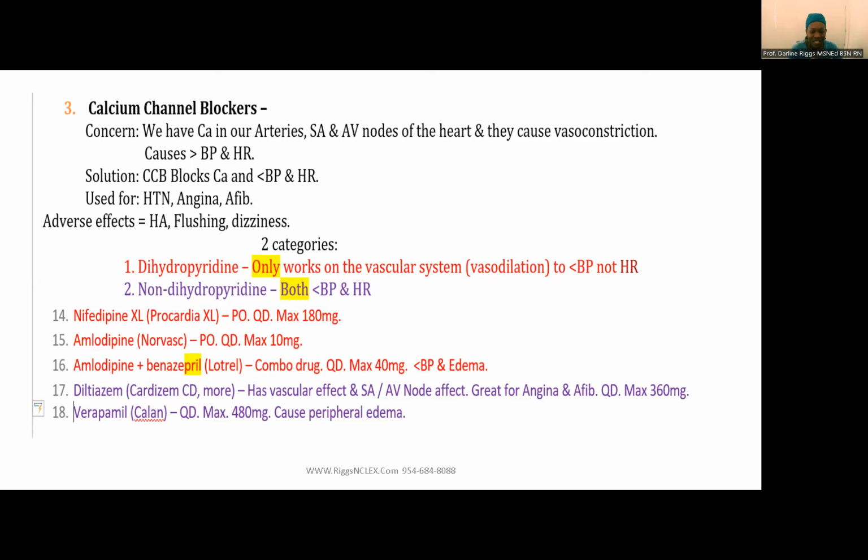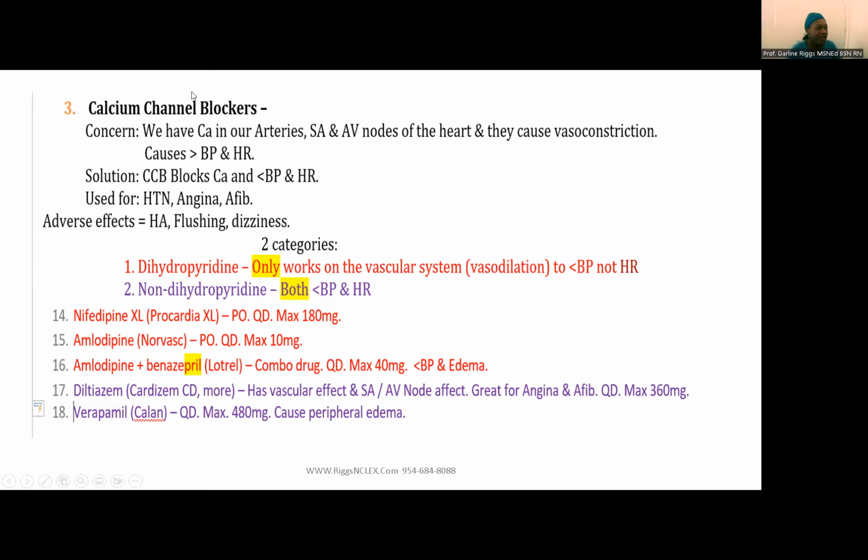So let's go over the calcium channel blockers, okay? Most of them, not all, but most of them end in dipine, which we love. Let's go over another way your blood pressure rises. We've covered two already of how your blood pressure rises, the angiotensin and the epinephrine and norepinephrine. Now here's another possible cause of hypertension in a client.